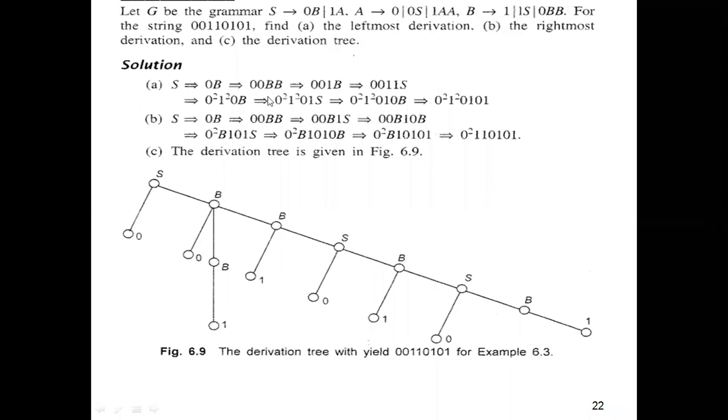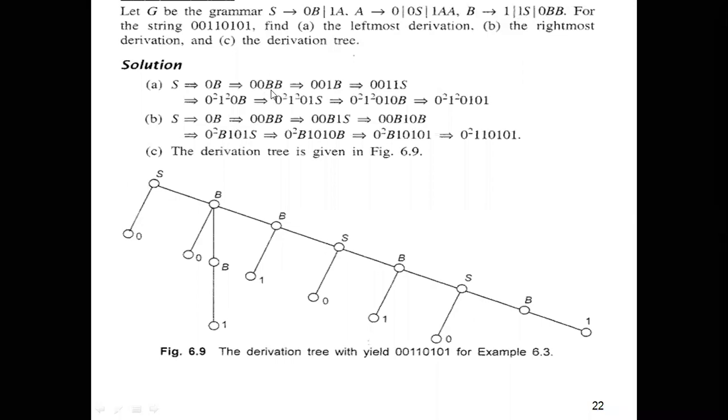So I am substituting 1S here in the place of this B, and now it is 001SB, right? And 1 here I get 1, and I need to get another 1. So I need to choose which rule is appropriate from the S, because I'm having S here. So I'm choosing 1A.